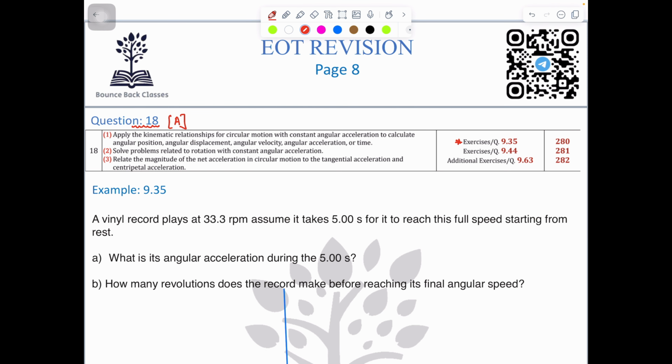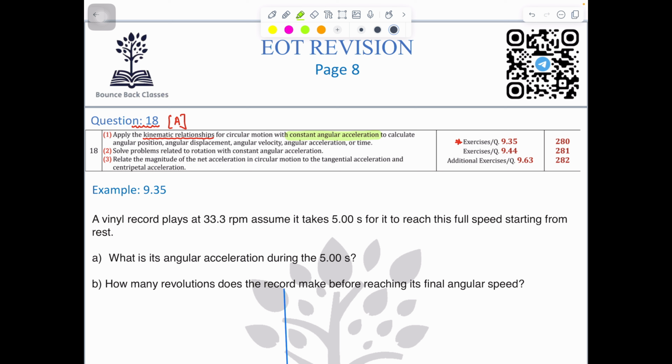The first thing: apply the kinematic relationships. We have the different equations which you already studied in term 2 also, for circular motion with constant acceleration. This is the condition.